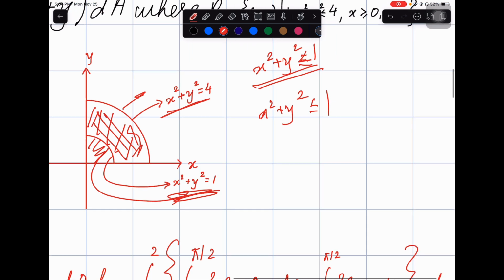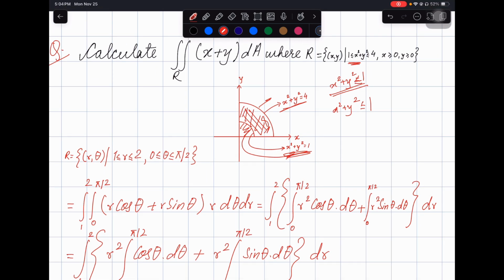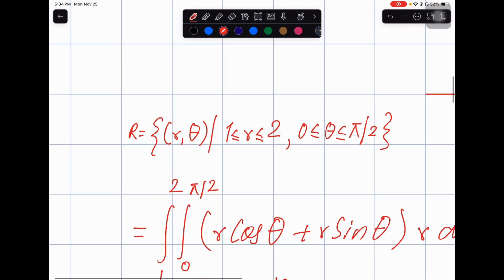Now, for questions like this, it is always recommended that you change x and y to r and theta when you're dealing with circles or similar kinds of surfaces. You'll see why it becomes much easier.